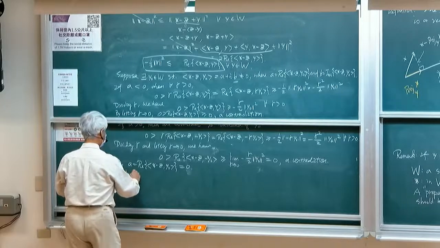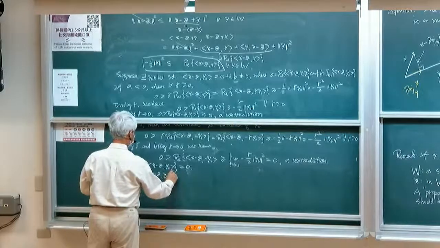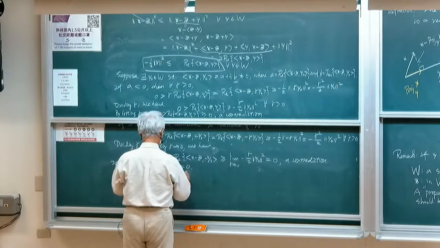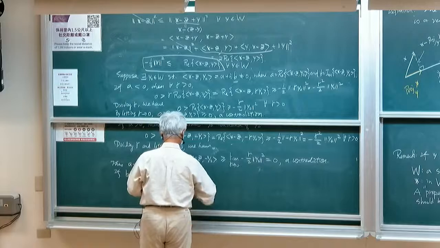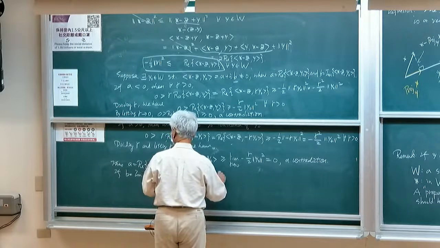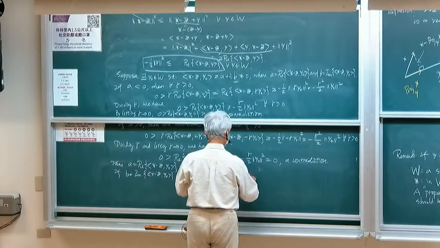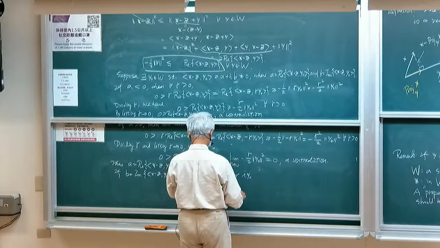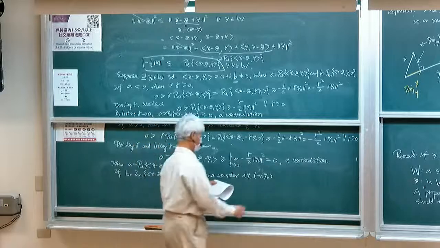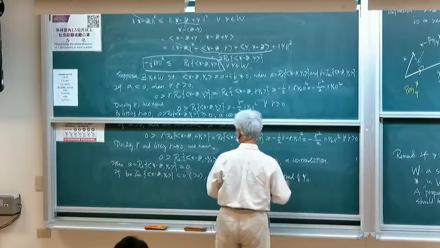If B, the imaginary part of the inner product, is negative, then we consider i y0 or minus i y0 instead of y0.